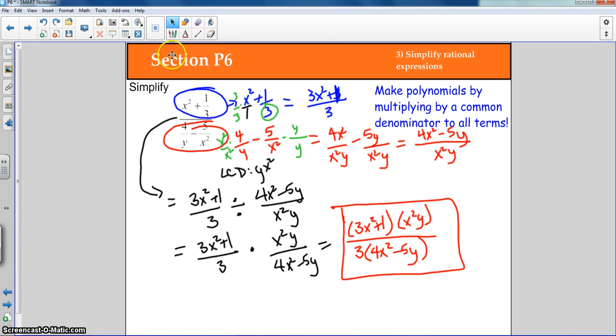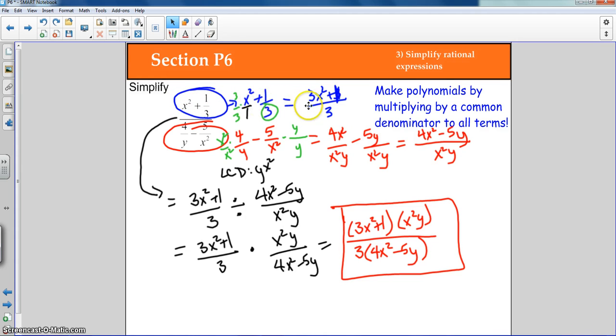Okay, so let's review what we did, just so we can walk through that process again. I had a complex rational expression, meaning I had a rational expression within a larger rational expression. So I broke it into pieces. I did the first rational expression I saw, which was contained in the numerator.